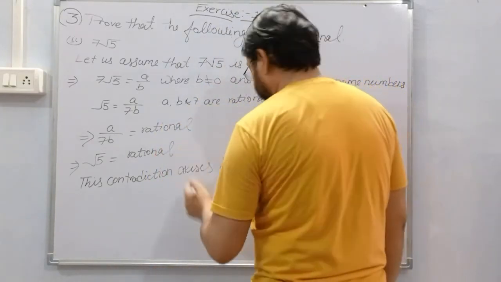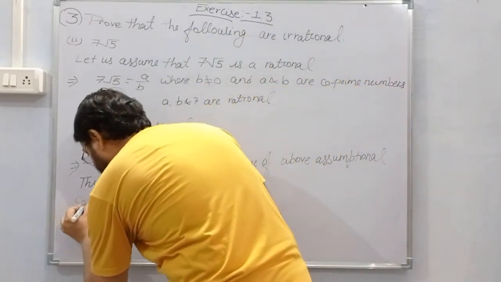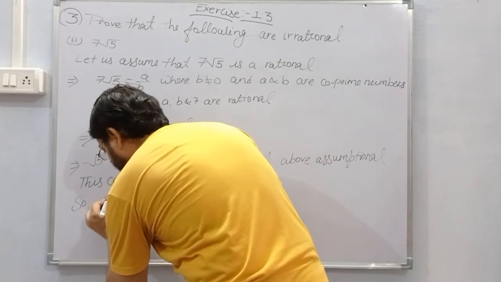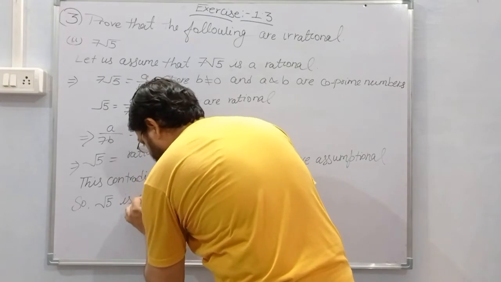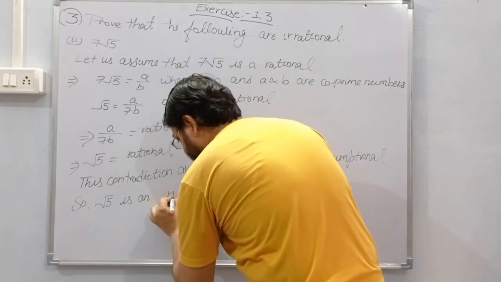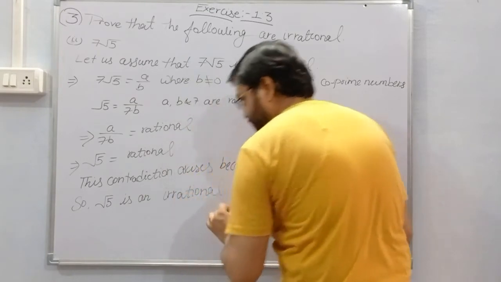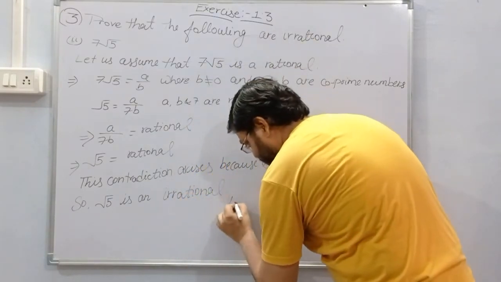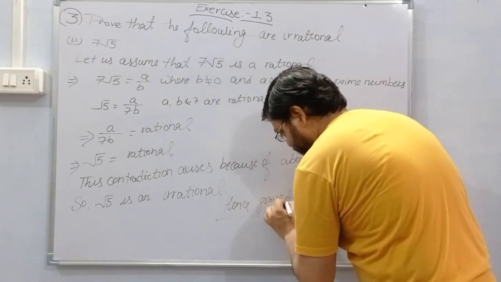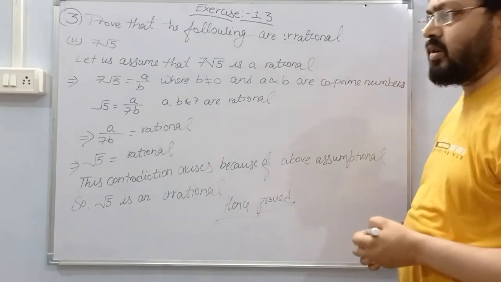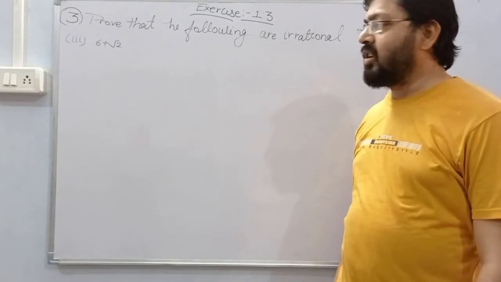So root 5 is irrational. Okay, I hope you understand this also.